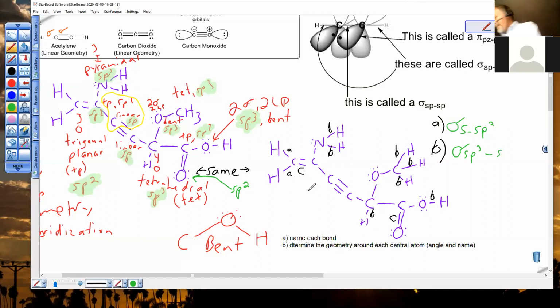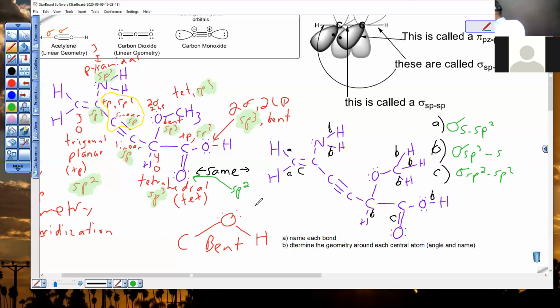You're getting the points over here. Yeah, that oxygen with 1 sigma and 2 lone pairs, that's 3 fingers, sp2. So C is a sigma between 2 sp2 atoms. Here the carbon was sp2 and the oxygen's sp2. Here both carbons were sp2.